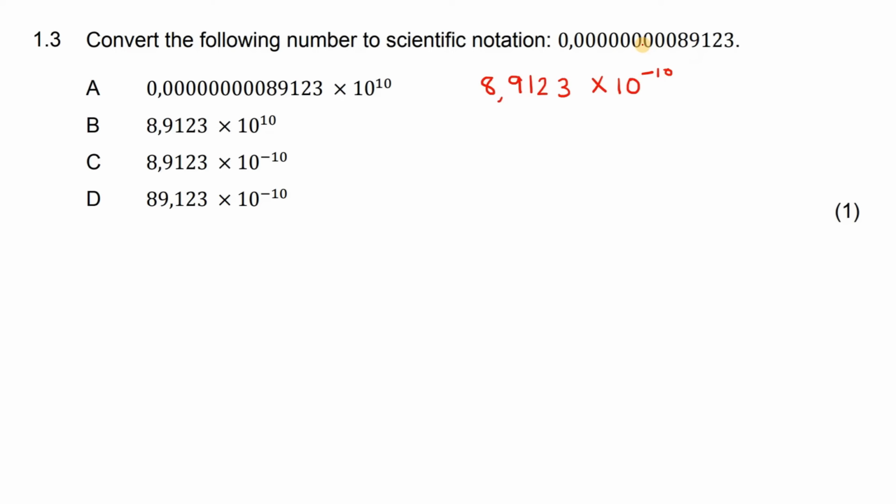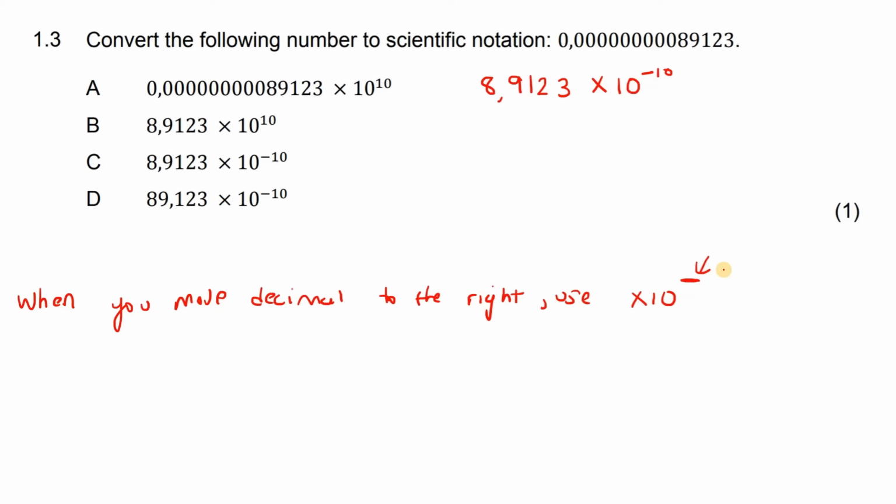Let me rather say the following rules. When you move the decimal to the right, then we're going to use times 10 to a negative number. You're going to put a negative over there.